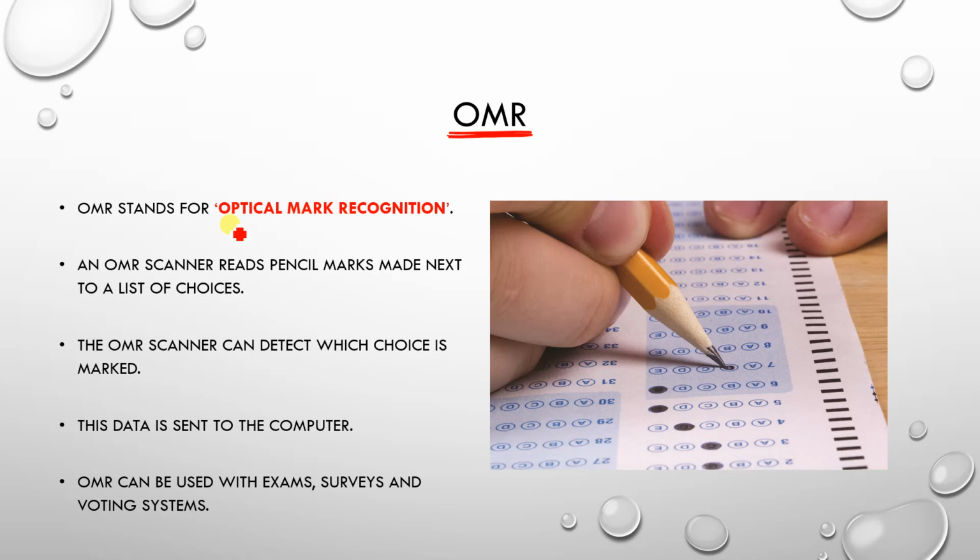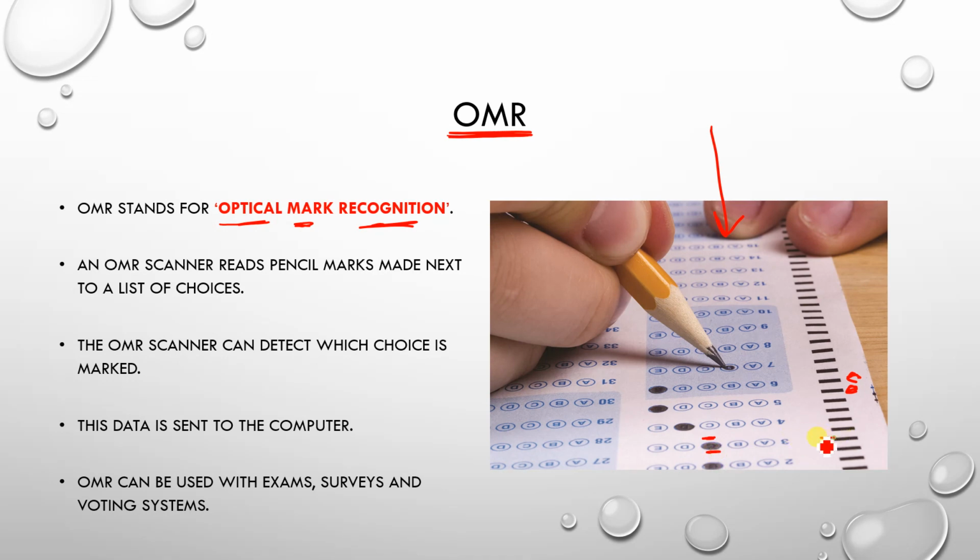Now, OMR scanner stands for optical mark recognition, and you've probably all seen documents like this before, where you just fill in the option that you want. What an OMR scanner does is scan the document and pick up on these little lines, and also read which one you've marked for that one line.